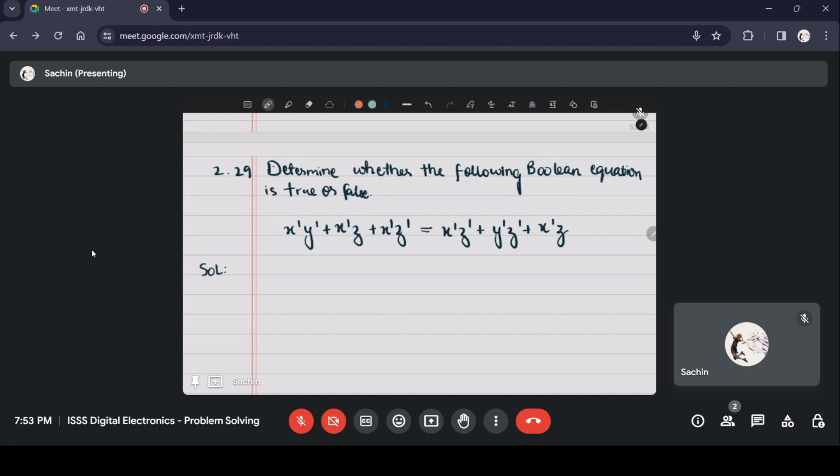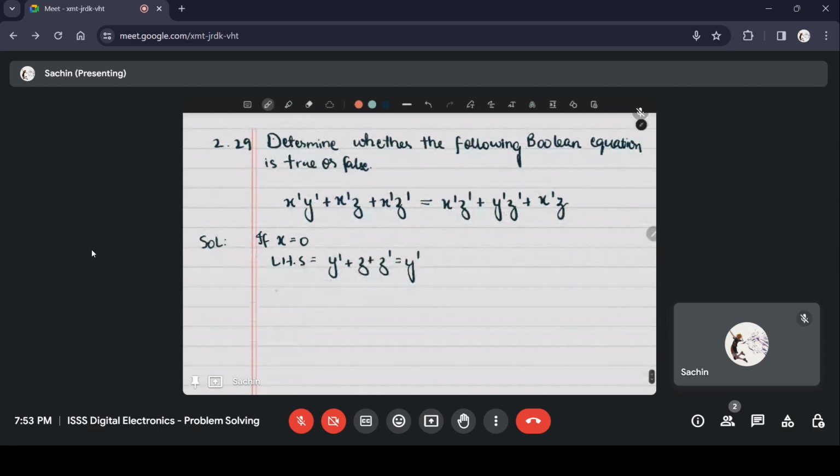But if you observe here, if x equals 0, LHS is y prime plus z prime is equal to y prime. RHS is z prime plus y prime z prime plus z, which is y prime z prime.